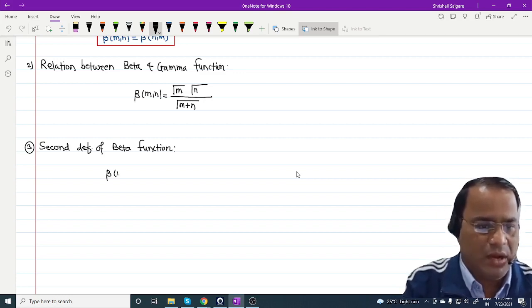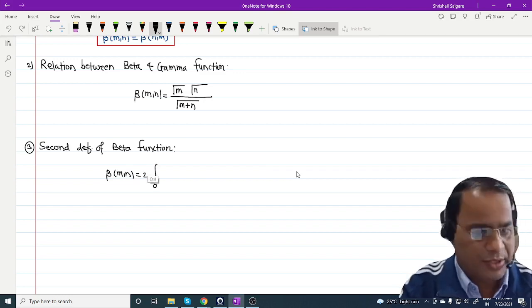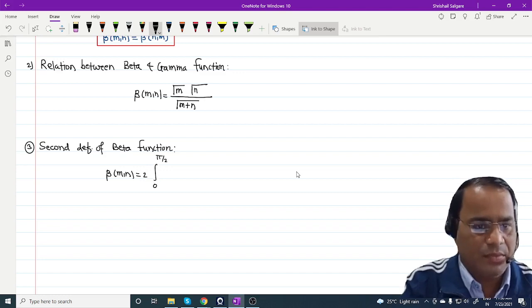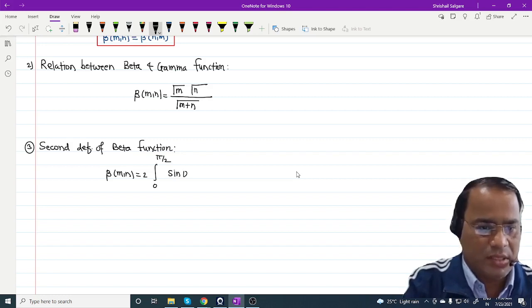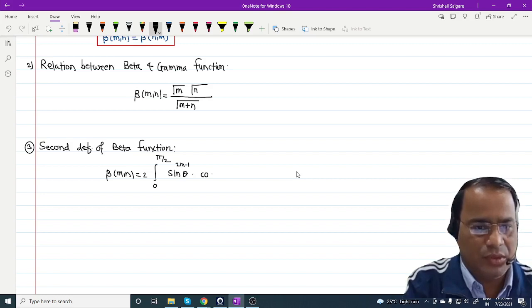So beta of m,n is given by 2 times the integral from 0 to pi by 2 of sine theta raised to 2m minus 1 into cos theta raised to 2n minus 1 d theta.